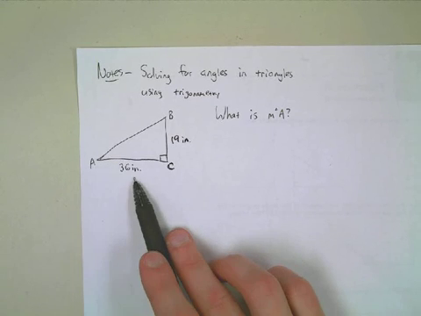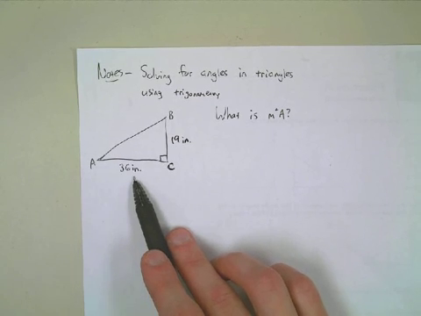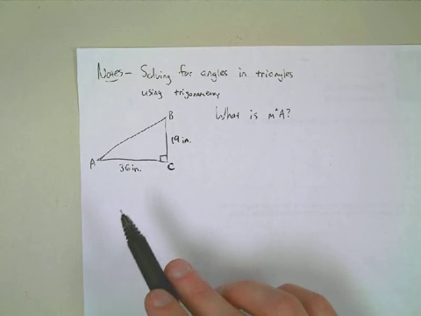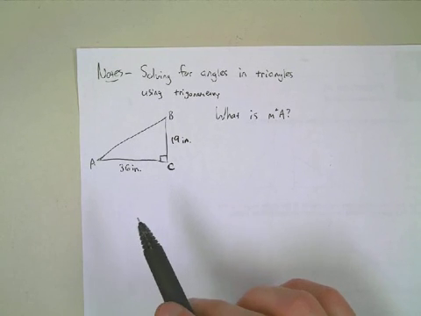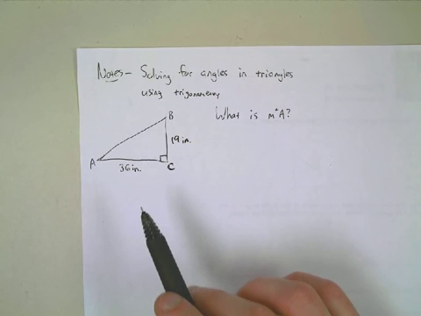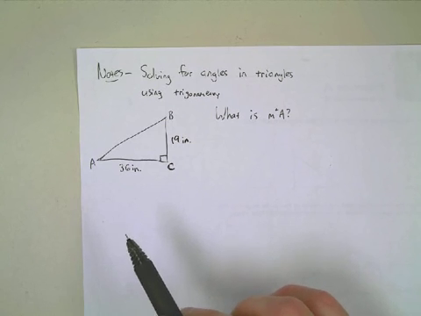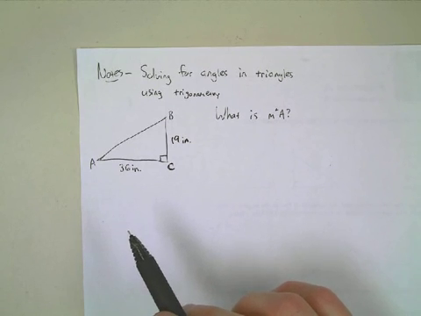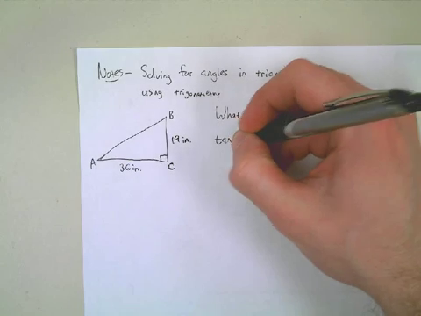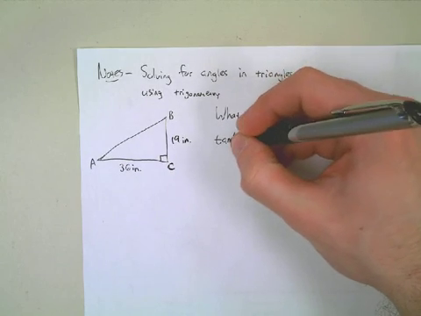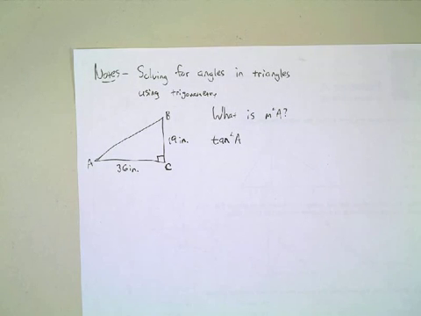It's the adjacent leg, right? So, which trig ratio has both of those things in it, opposite and adjacent leg? Which part of SOHCAHTOA though? Which one has opposite and adjacent? Tangent. So we're going to write tangent of angle A.